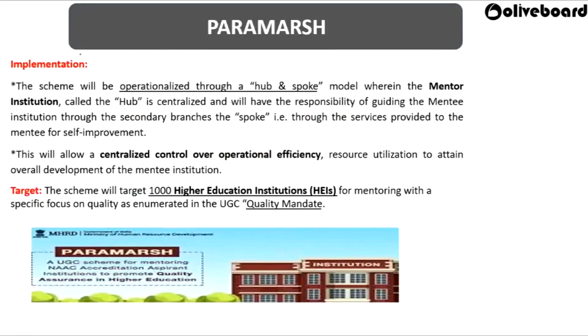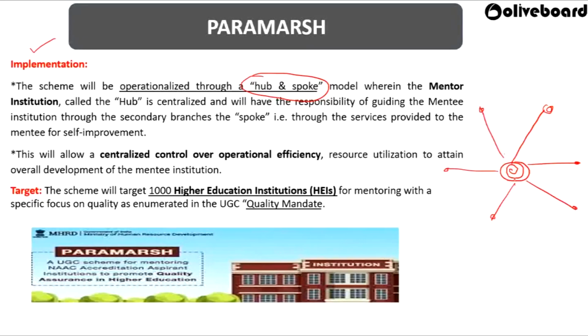Now, how will the implementation be done? This scheme will be implemented through a hub and spoke model. Hub and spoke means here we have one big institution, and here we have small institutions. These are the small institutions.